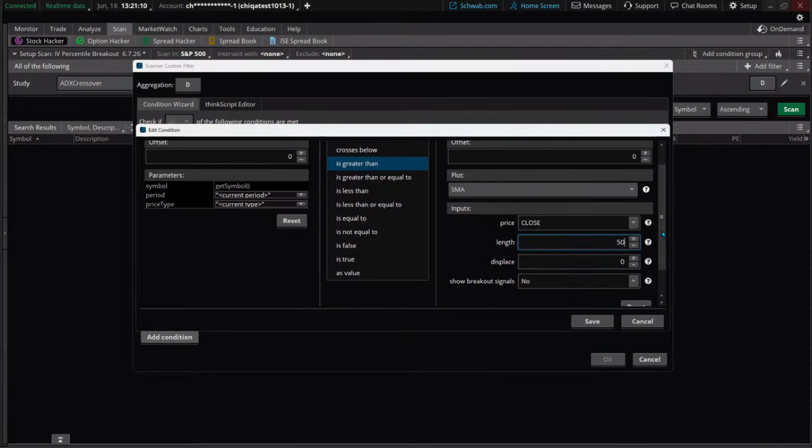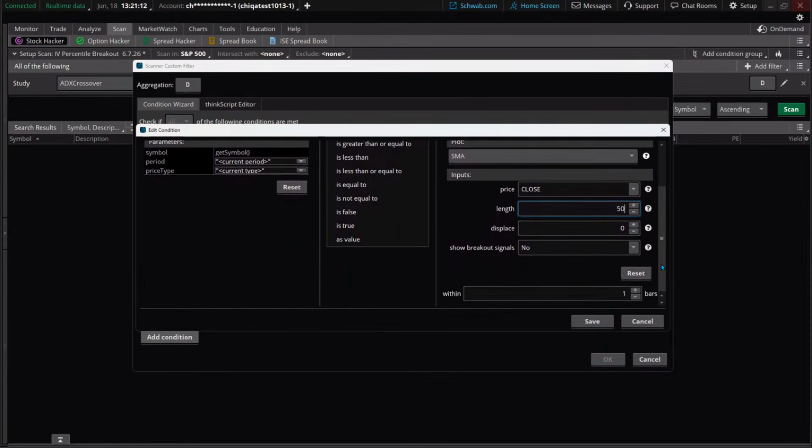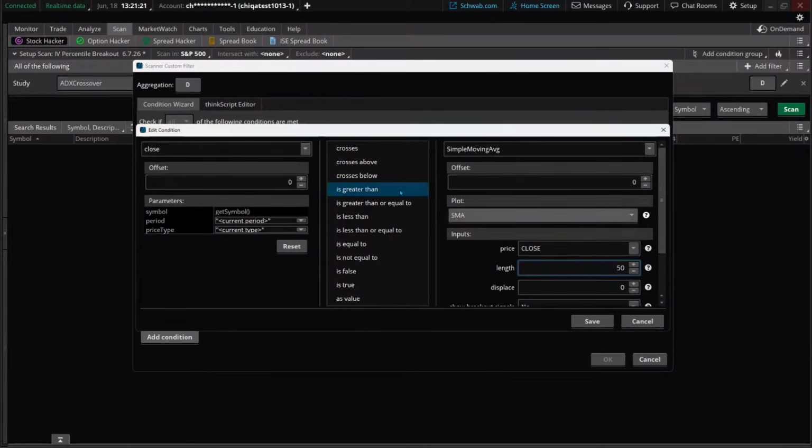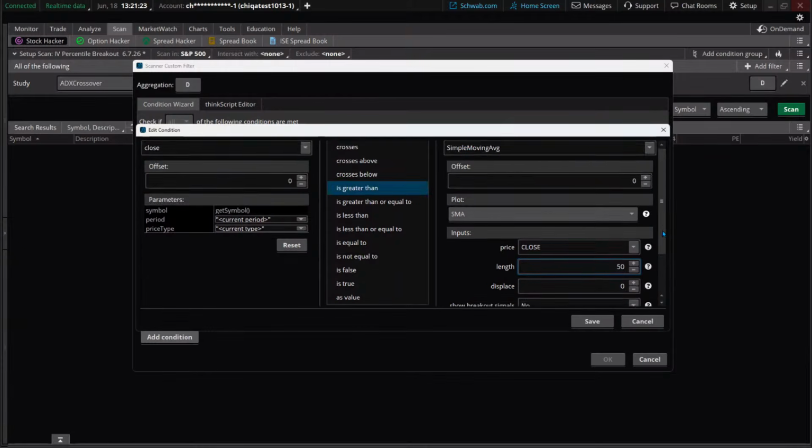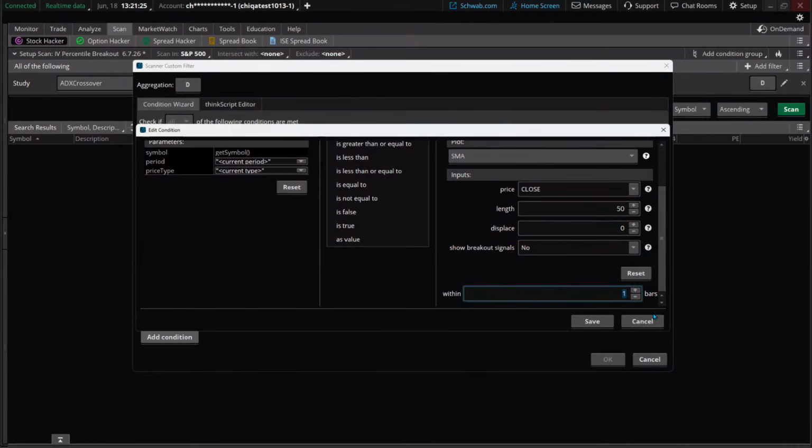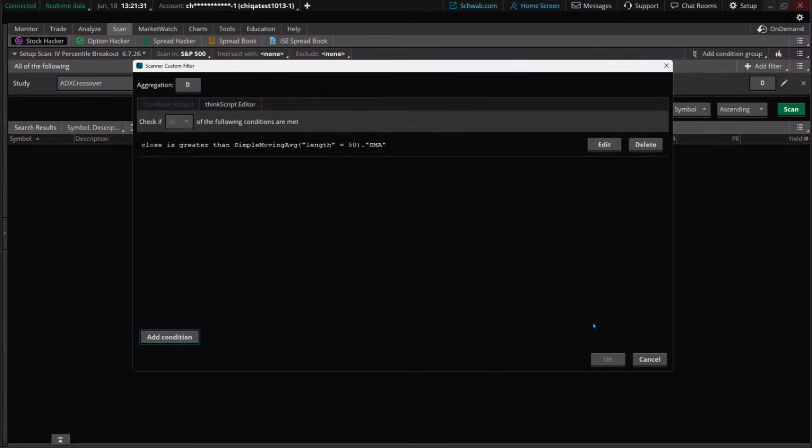We want to make sure that what we had on the chart is exactly what we have on the scanner, so it pulls up those stocks and they are comparable. So we're looking at the same thing. Because we're saying is greater than, we want it greater than now, within the last bar. In other words, the bar right now is greater than the 50. And that would work for the stocks that we were just looking at, AMD, NVIDIA.